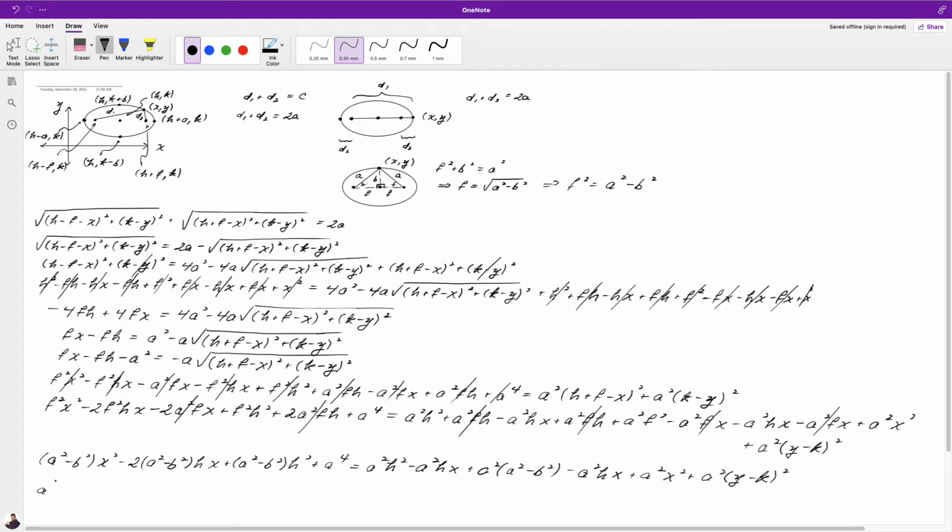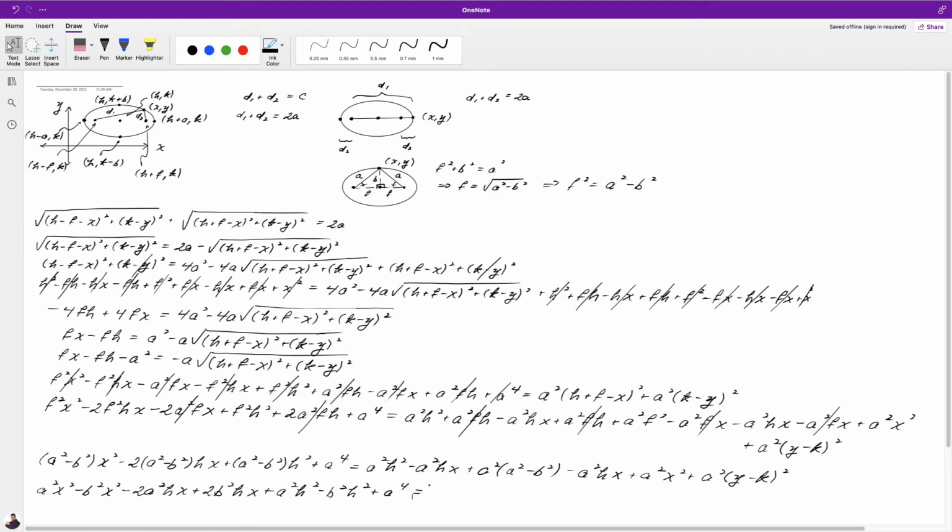We've got a squared x squared minus b squared x squared minus 2a squared hx plus 2b squared hx plus a squared h squared minus b squared h squared plus a to the fourth.